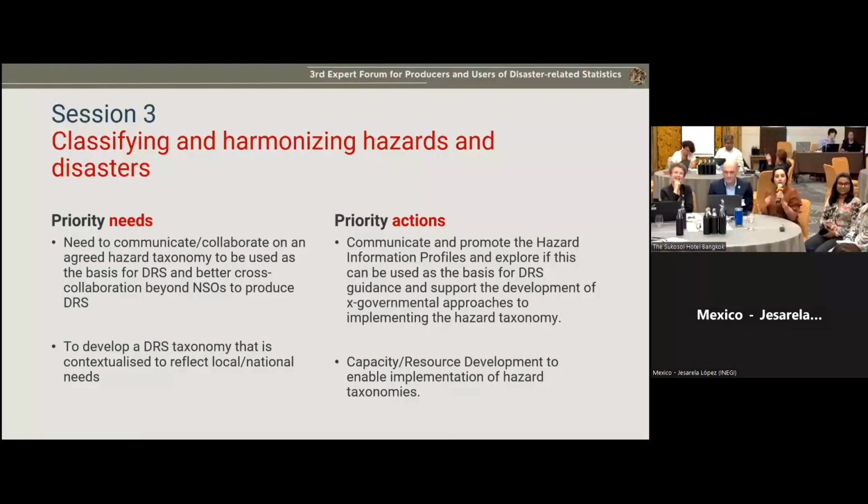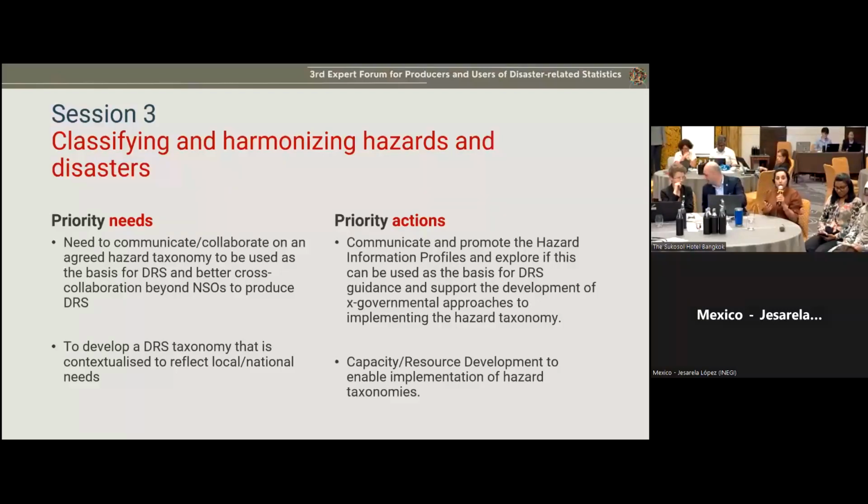Anyway, what we identified in terms of priority needs is the importance of communicating and collaborating around an agreed hazard taxonomy. We talked about the hazard information profiles, and what became visible through the feedback on the Menti is that not everybody is familiar with them, or sure who should be working on them or leading on implementation.